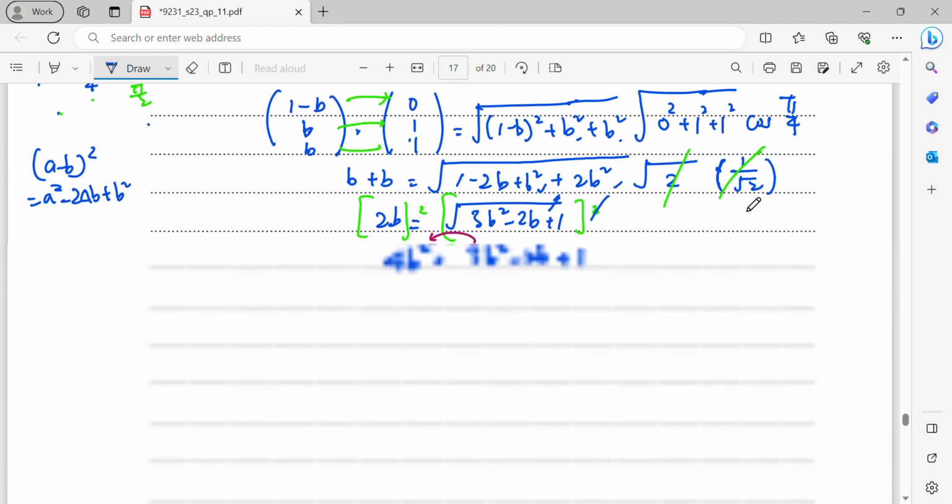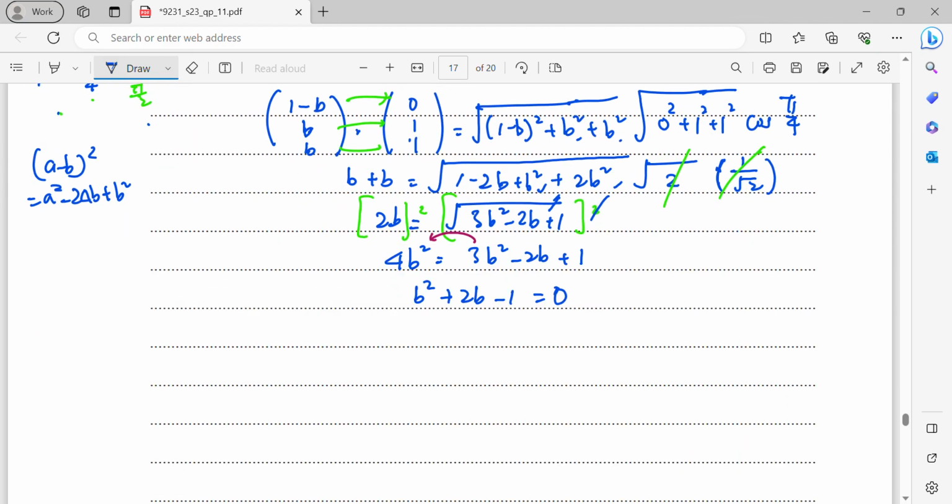You will notice that this quadratic cannot be factorized completely. Therefore, I need to use the quadratic formula. The quadratic formula: for ax squared plus bx plus c equals 0, x is going to be minus b plus minus square root of b squared minus 4ac, over 2a. But now I will not write down a, b, c because I already have the b over here, so I will directly substitute into this formula.